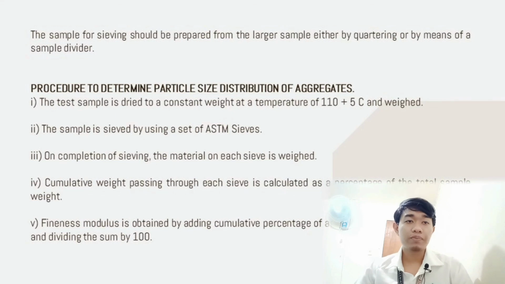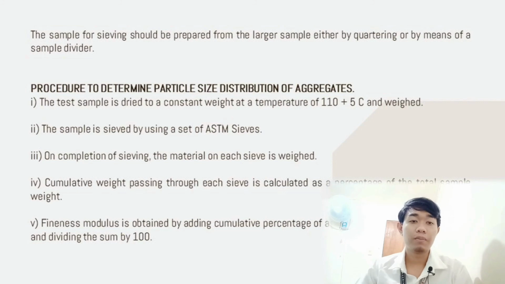Third, on completion of sieving, the material on each sieve is weighed. Fourth, cumulative weight passing through each sieve is calculated as a percentage of the total sample weight. And lastly, fineness modulus is obtained by adding the cumulative percentages of aggregates retained on the sieves and dividing the sum by 100.